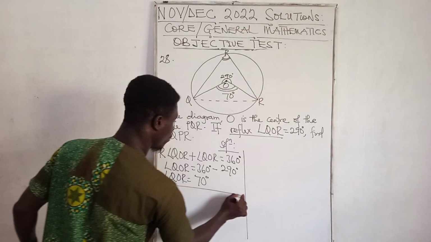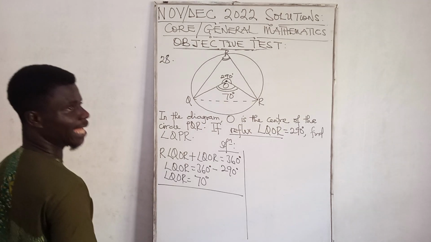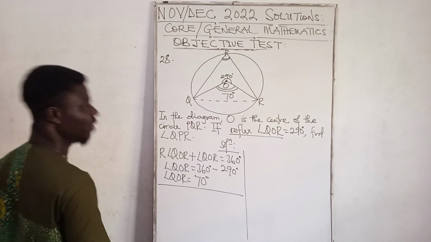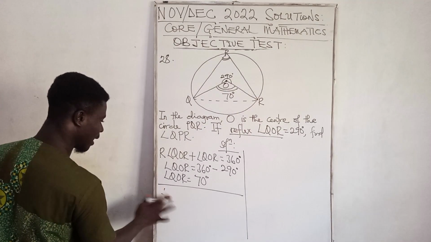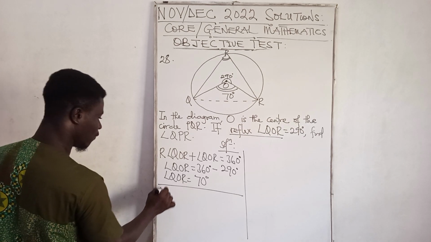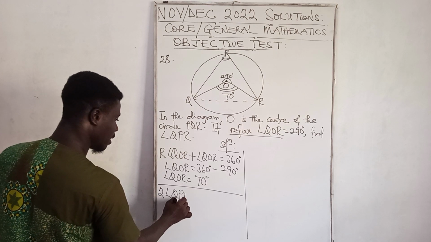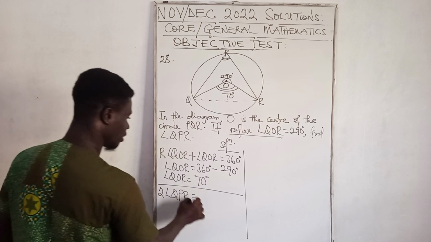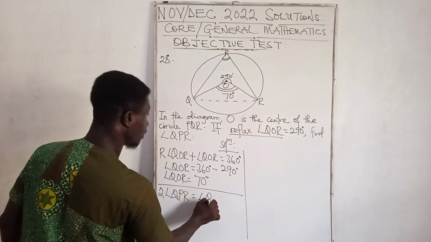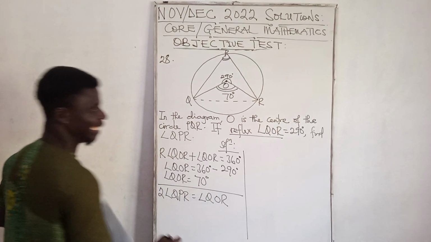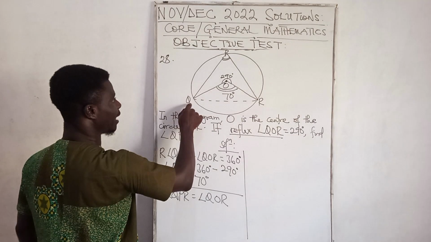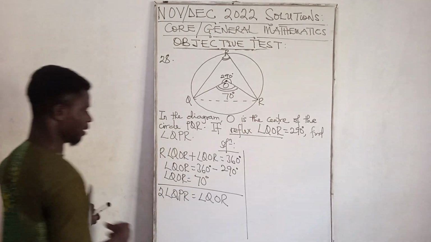So now, if I want the angle subtended at the circumference, which is angle P, I can say that twice angle QPR must be equal to angle QOR, not the reflex. We are dealing with angle QOR, which is 70, right?